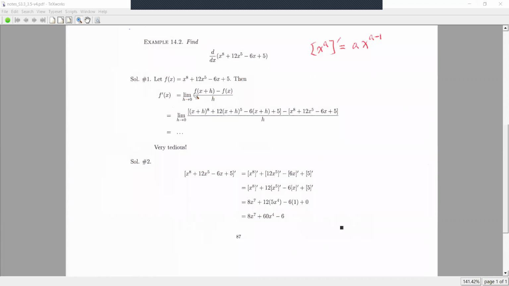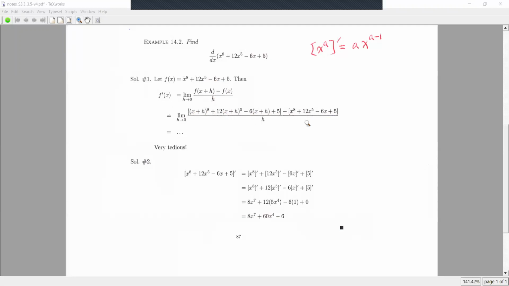To find f of x plus h, in this equation, replace all the x by x plus h. Then f of x plus h is this. f of x is this polynomial. Then I have this equation.